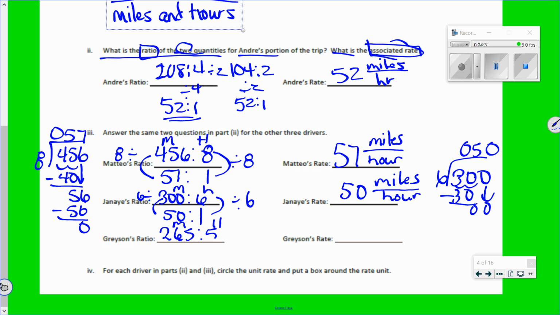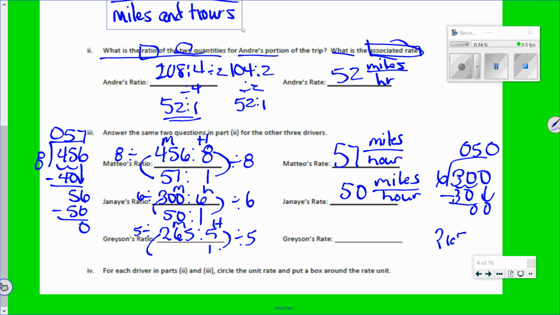So we are finding the rate. So we're looking for how many? 1 hour. So I'm going to put my 1 under hours. Am I getting bigger or smaller? 5 divided by what gives you 1? 5. So I have to do the same thing to the other side. Divide by 5.